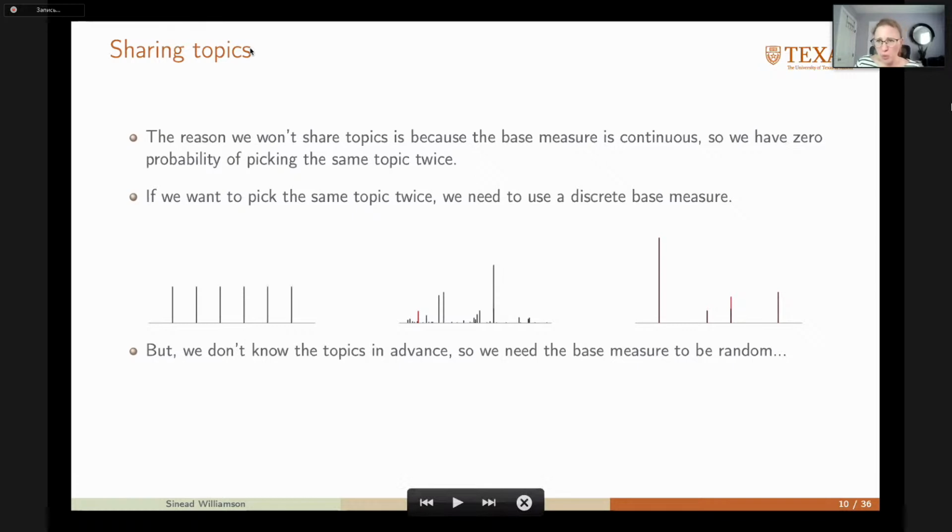But it's also not going to work if we have 6, right? Because the whole point of using a Dirichlet process is that we wanted an unbounded number of topics. So how can we have a base measure that's discrete, has random locations, but has an infinite number of probabilities?